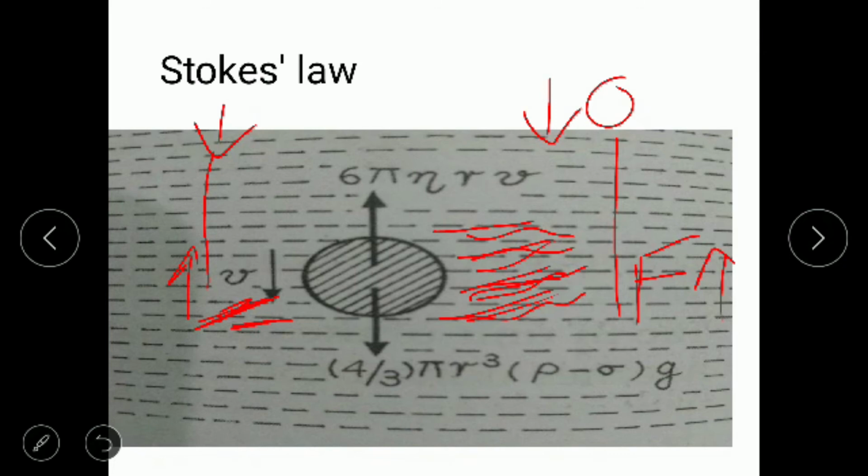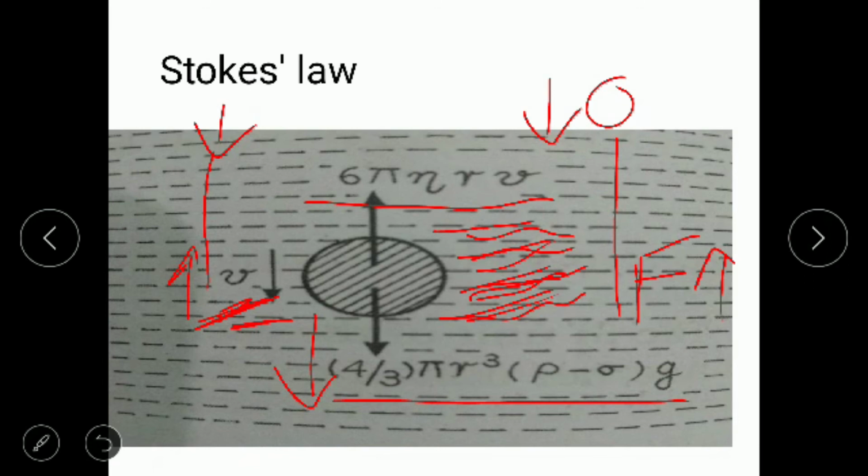Then a stage is reached when the opposing viscous force becomes equal to the effective force driving the ball. Now the ball is being driven down by the force of gravity, which is due to the weight. This value over here is the effective downward force, whereas this value over here is the viscous force, which is acting upward.